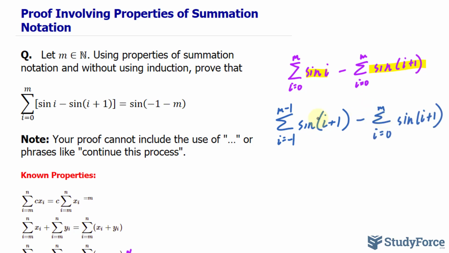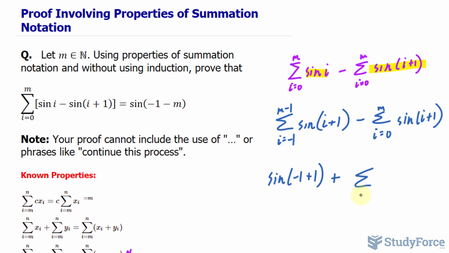What I will do next is evaluate the first term of this sum at negative 1. If I evaluate the first term of this sum at negative 1, I end up getting sine of negative 1 plus 1, plus, since I've evaluated the first term, we are now at the next number in the index, which is 0.